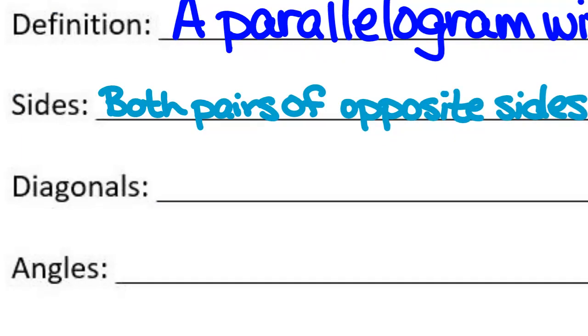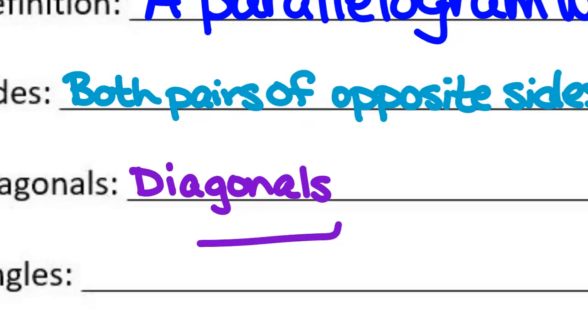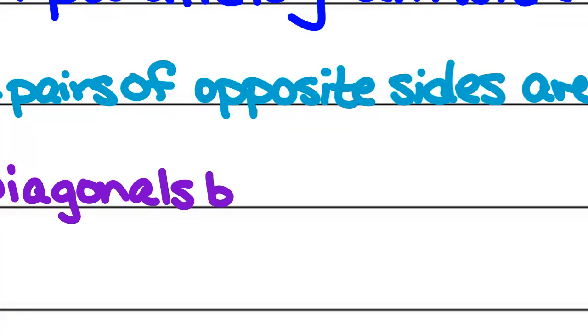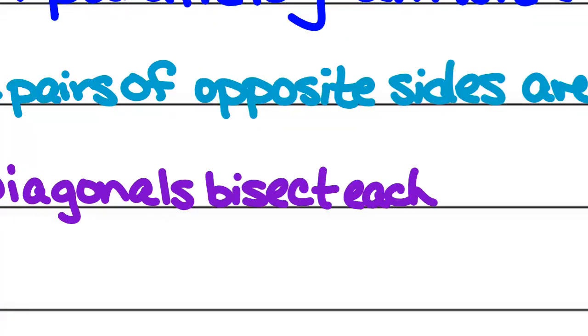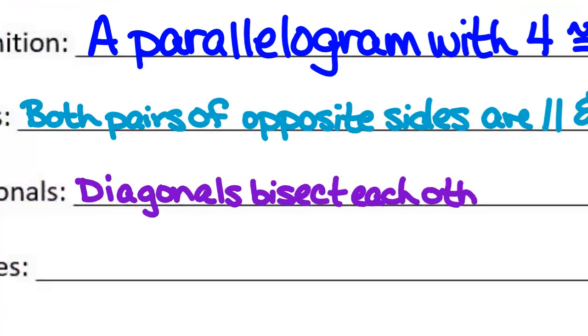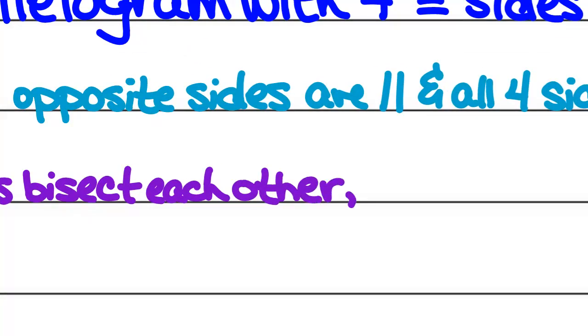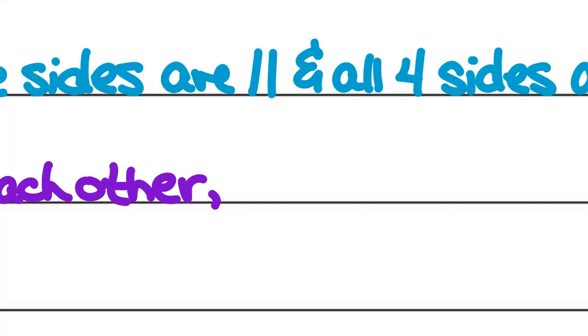The diagonals, because it's a parallelogram, they bisect each other. They bisect opposite angles.